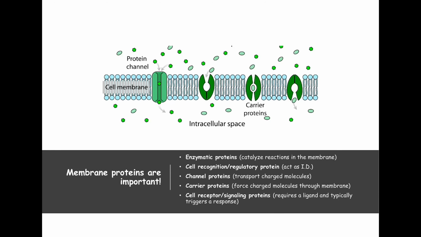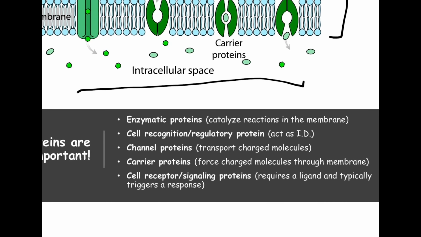So let's say this is inside the cell and that's outside the cell. Here's a plasma membrane with a phospholipid bilayer, that polar head, that fatty acid tail. We do have several proteins. So let's talk about these different proteins.